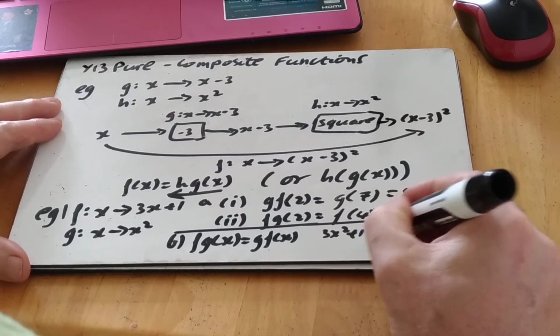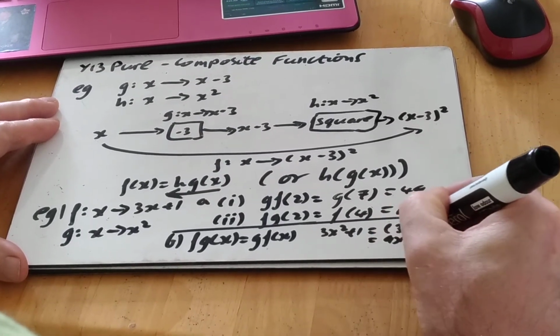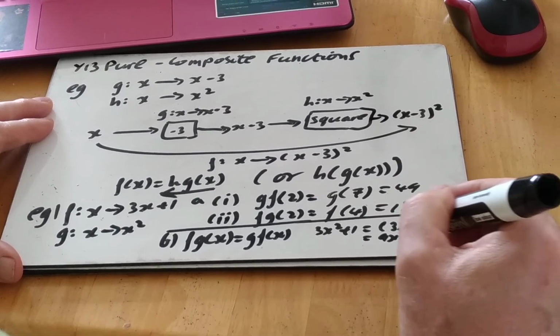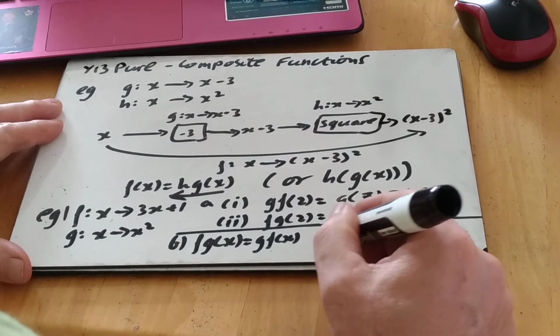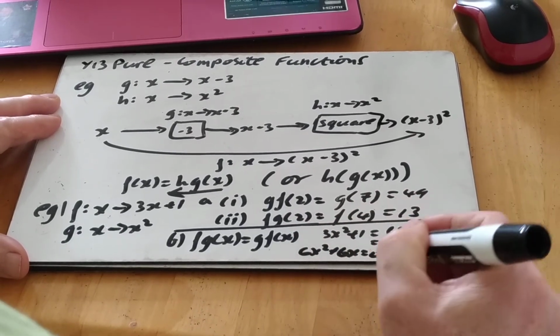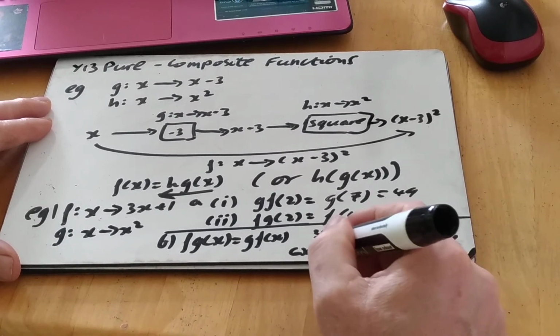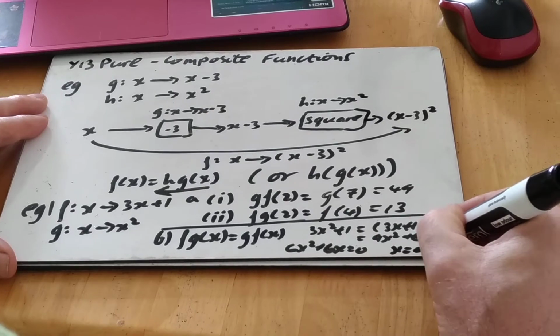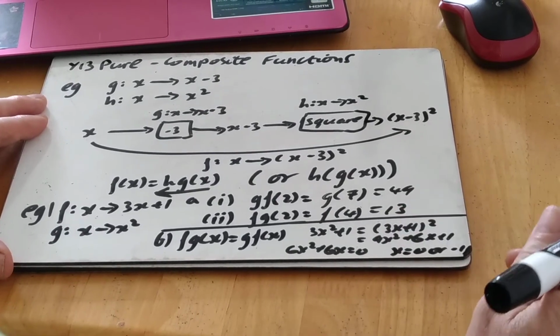Bit tight for space, but see what I can do. 9x squared plus 6x plus 1. The plus 1's cancel out. When I move the 3x squared across, I get 6x squared plus 6x equals 0. It's going to factorise and leave me with x equals 0 or minus 1. x equals 0 or minus 1 as my solutions there.